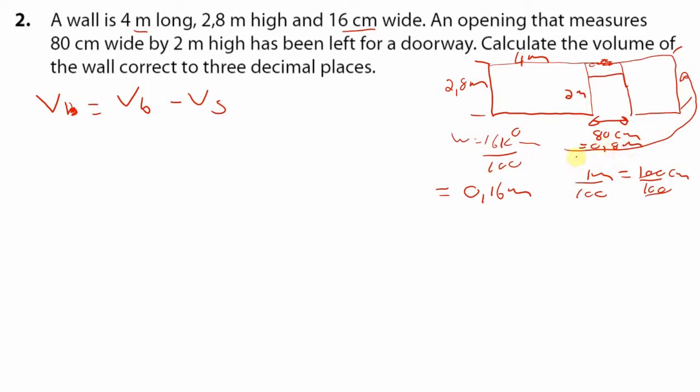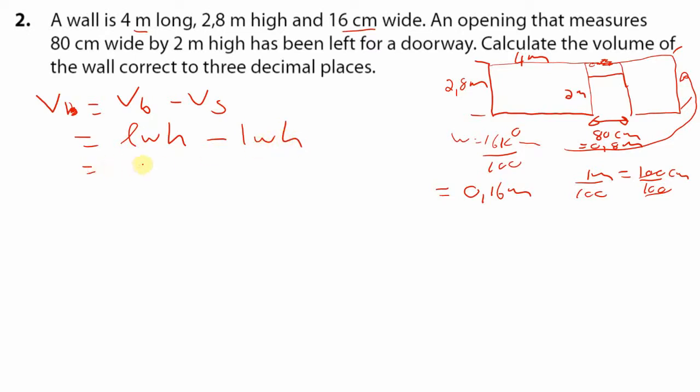So now we are ready to replace. So first the big one. So we know for a cuboid, we have the area of a rectangle, which is length times width, and then we still have to multiply by the perpendicular height. The same will apply for the small one, as it is also a rectangular shape, or a cuboid.